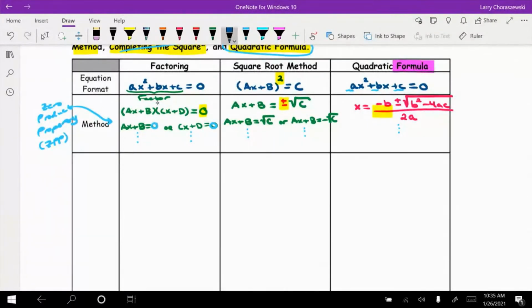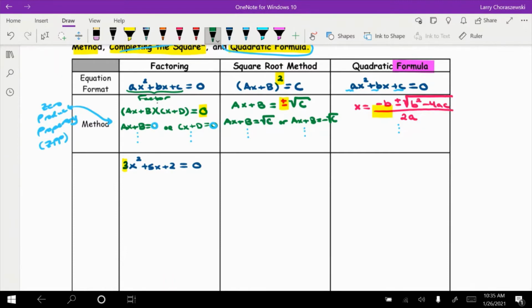So for the factoring, I'd like us to solve 3x squared plus 5x plus 2 equals 0. So remember, with factoring, you want to factor the left-hand side. Notice that the coefficient of x squared is 3.